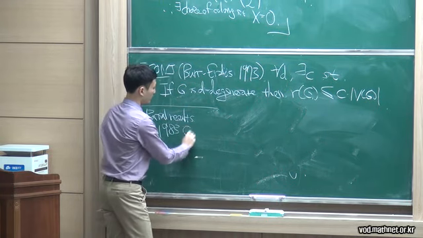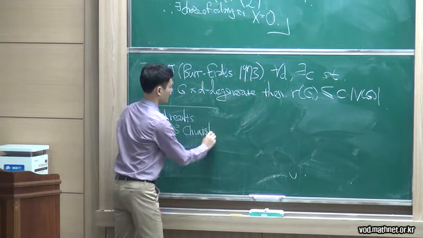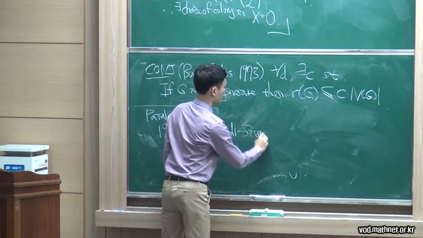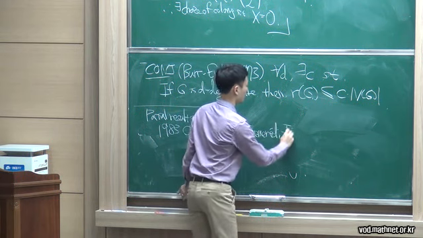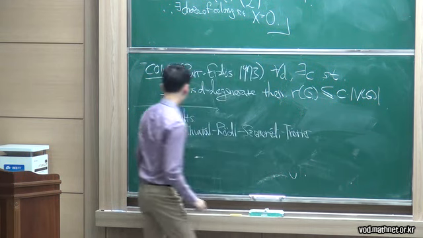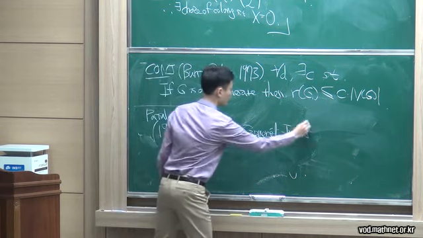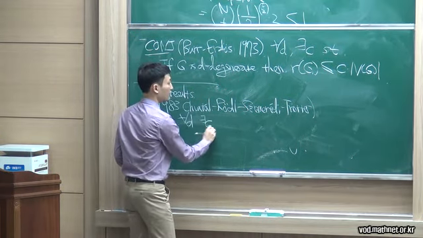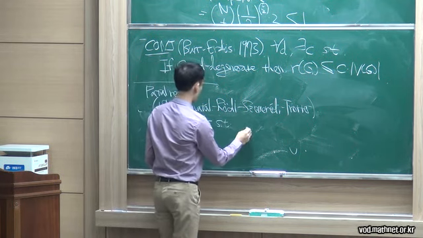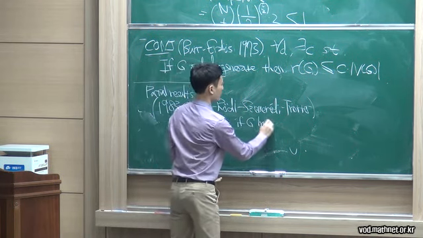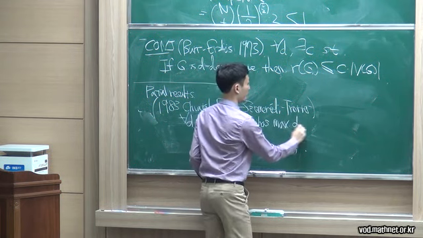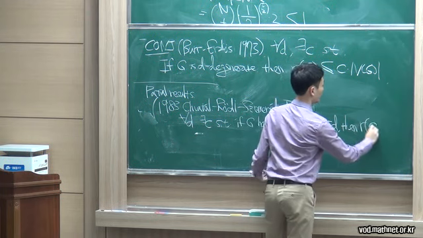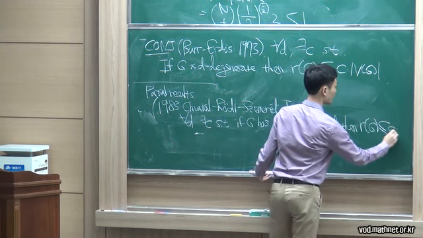In 1983, Chvátal, Rödl, Szemerédi, and Trotter proved that for all D, there exists a constant C such that if G has maximum degree at most D, then the Ramsey number is at most C times the number of vertices.